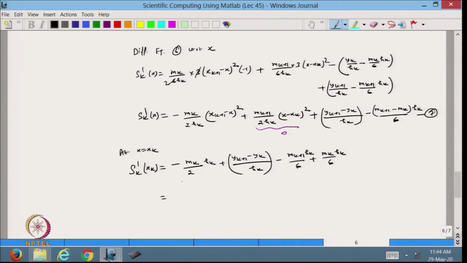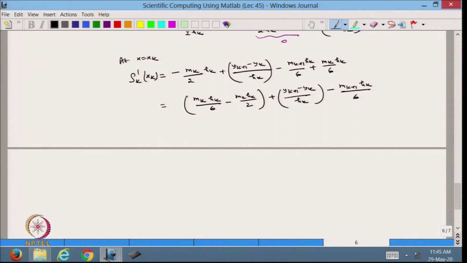So I can write this quantity together. So I can write this as mk hk by 6 minus mk hk by 2 plus yk plus 1 minus yk by hk minus mk plus 1 hk by 6.